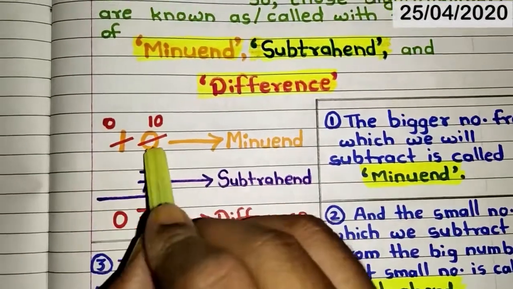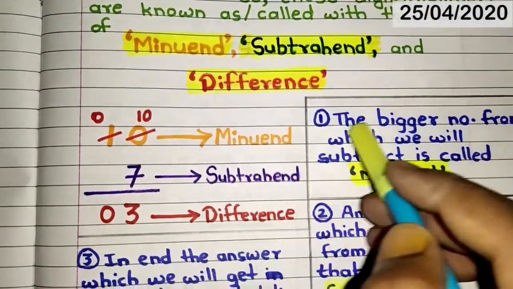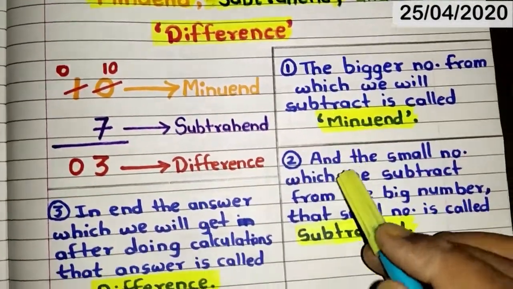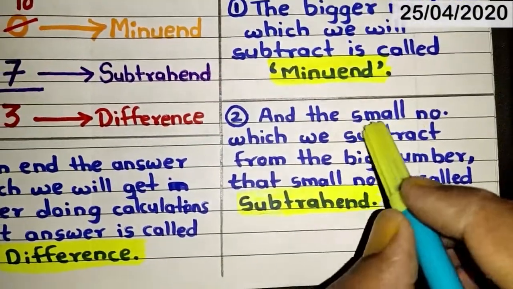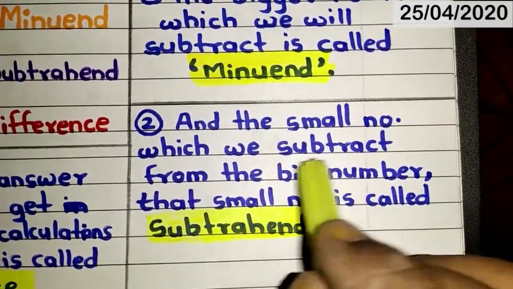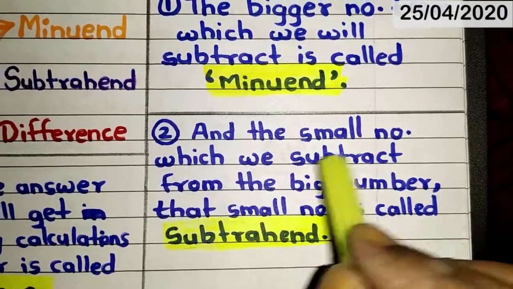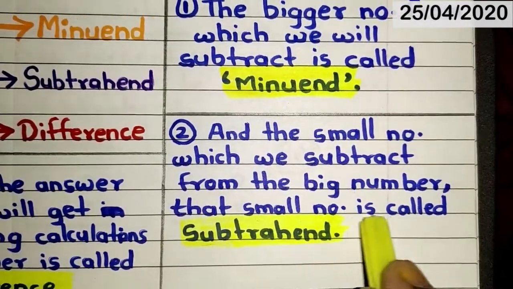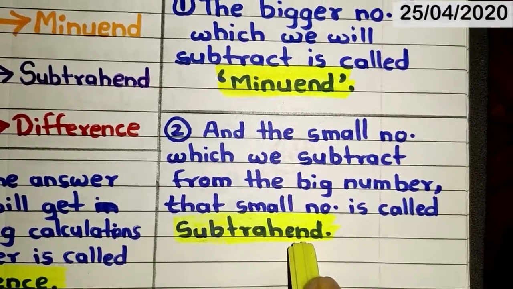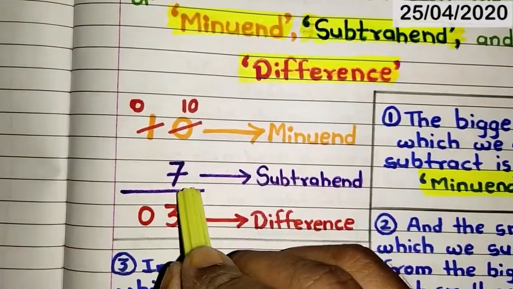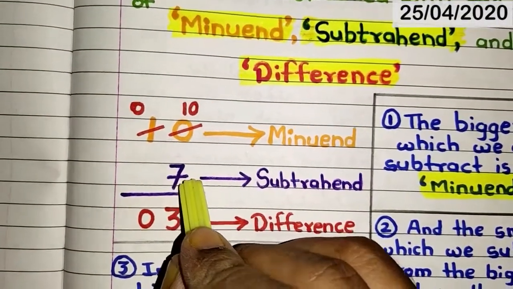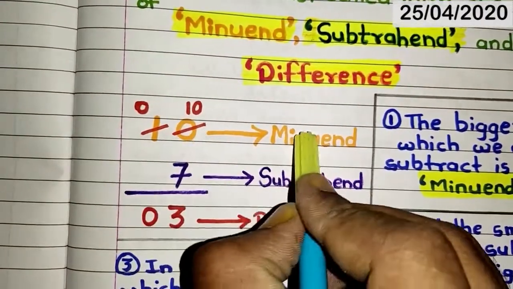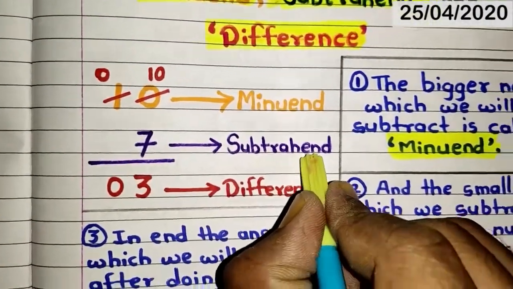See here, from 10 we will subtract, so it's called minuend. The small number which we subtract from the big number is called subtrahend, right? Here the small number is 7, we will subtract it from the minuend, that's why it's called subtrahend.